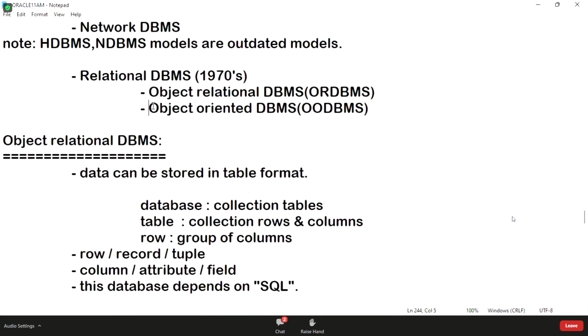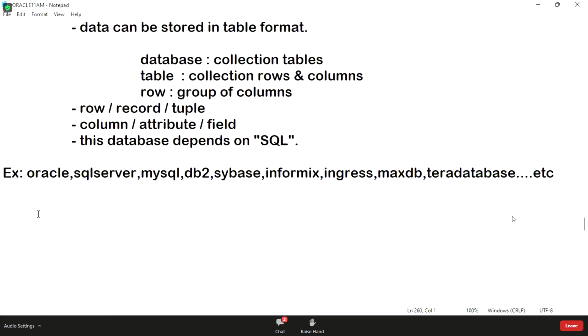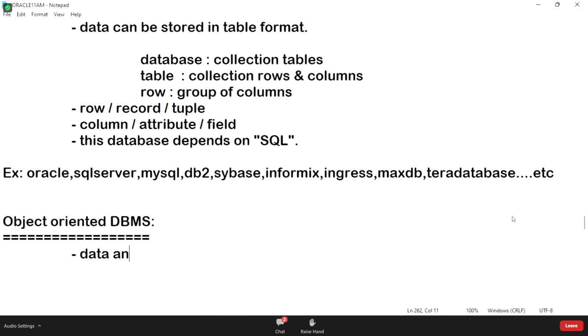Now you are asking, then what is object oriented, sir? In this type of database, data is stored in which format? Object format.